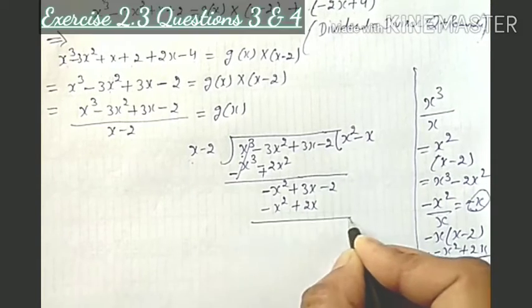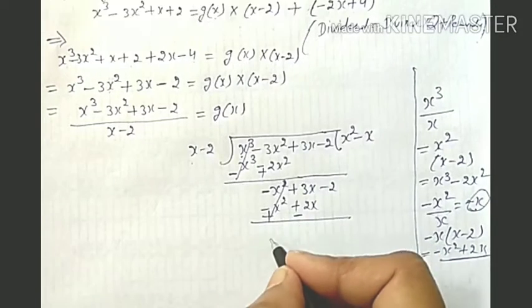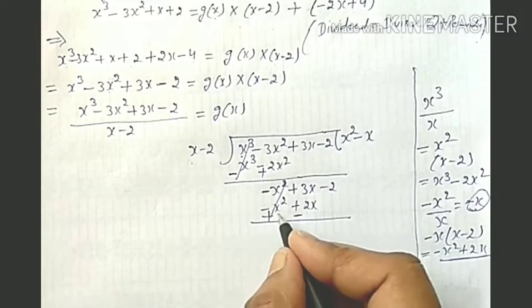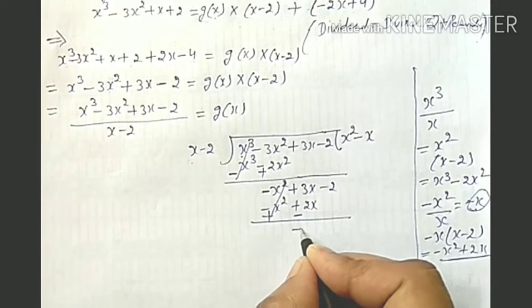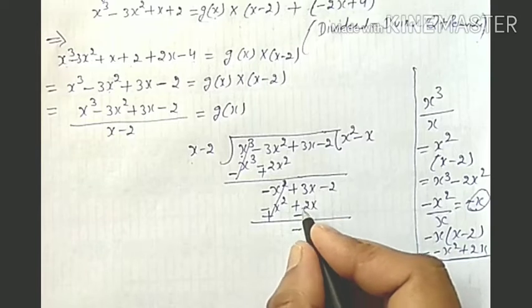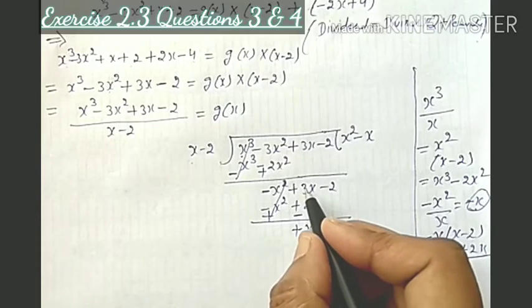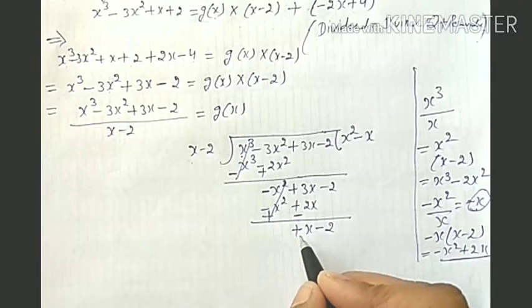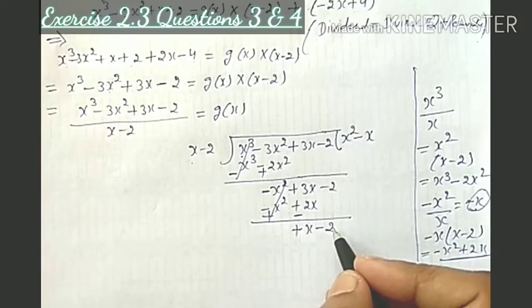And again sign change, minus x square plus x square cancel, plus 3x minus 2x. So it will be plus x minus 2, because sign of bigger number, bigger is 3, so sign positive and their difference 1, x minus 2.